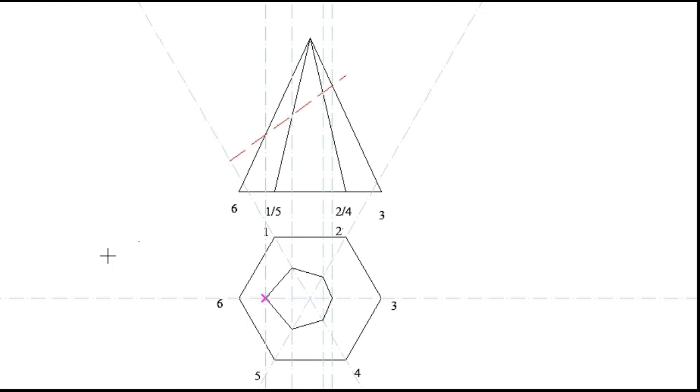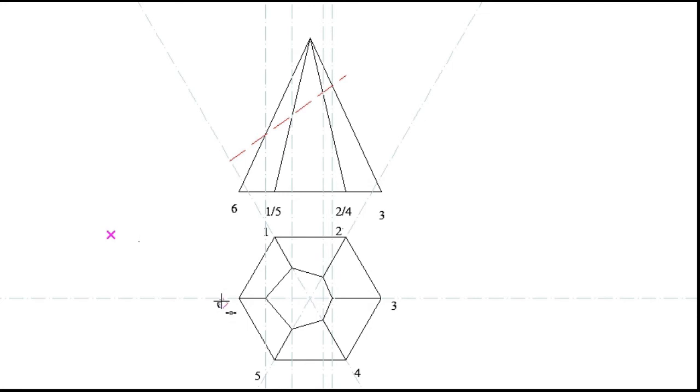After joining all my points using a ruler, now I have a drawing like this one. So I will join point 1 with this one, and also point 2, point 3, point 4, point 5, point 6.